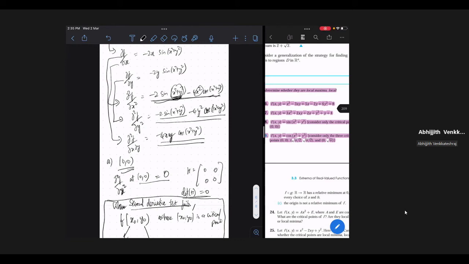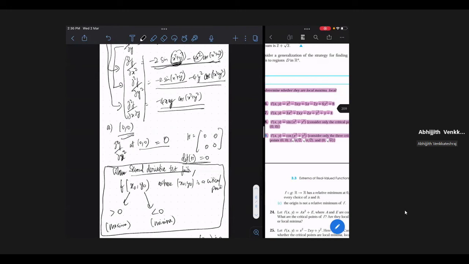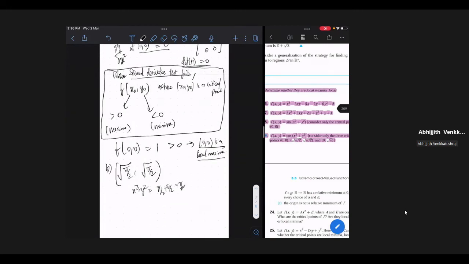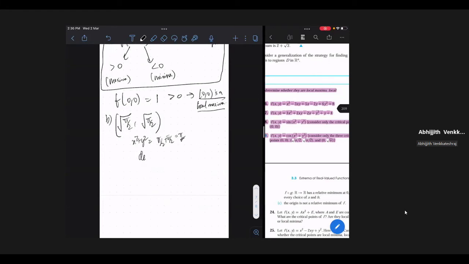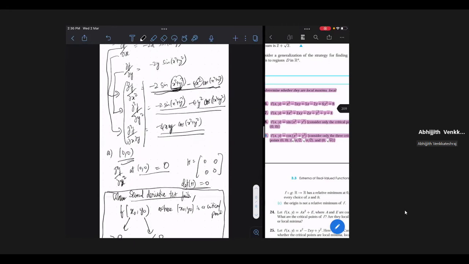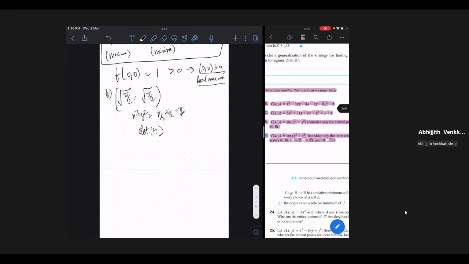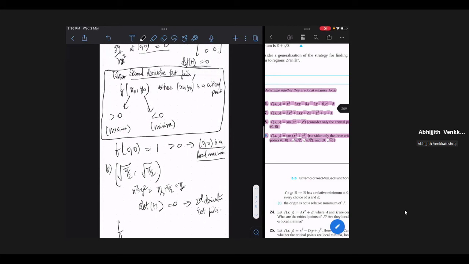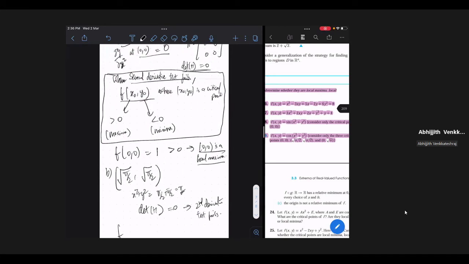But when you find the Hessian matrix for these points, again you'll find your determinant turns out to be 0. I'm not going to do it; you can figure it out by working out the terms and substituting here. You'll find my determinant of the Hessian becomes 0, and here also your second derivative test fails.